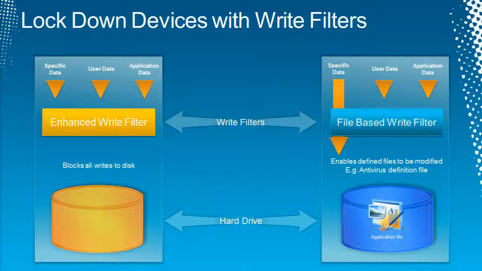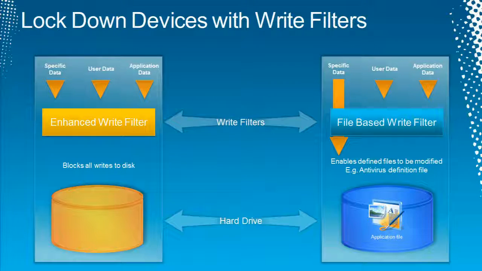What the file-based write filter does is you can define certain files, not folders, not volumes, but files that are excluded from the write filter process. So you can say Symantec slash blah, blah, blah slash virus definition dot txt or CSV is excluded.